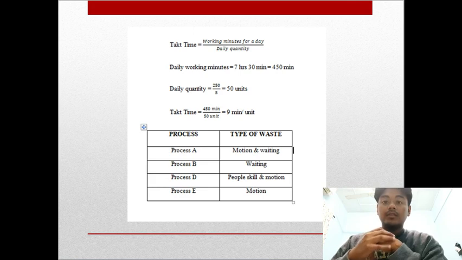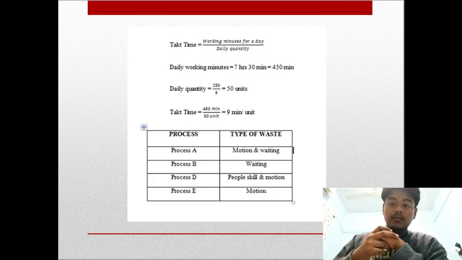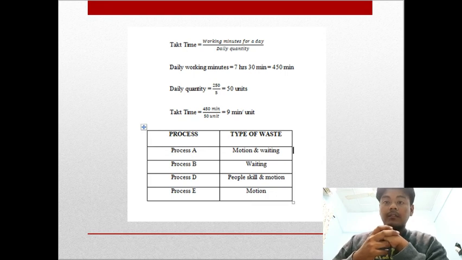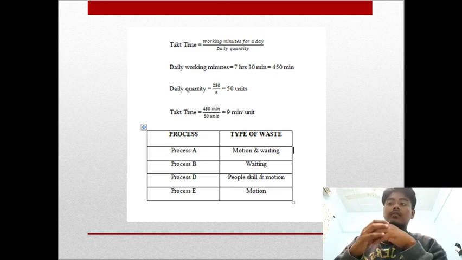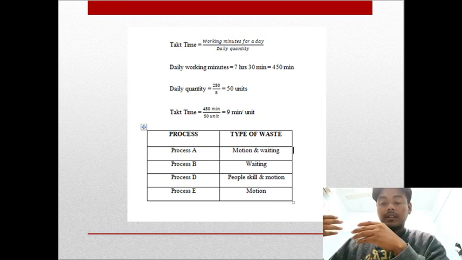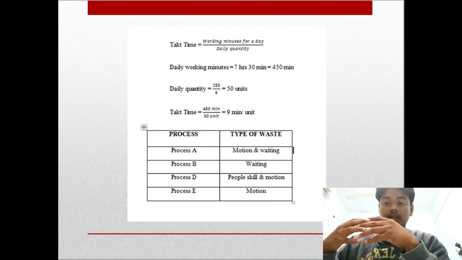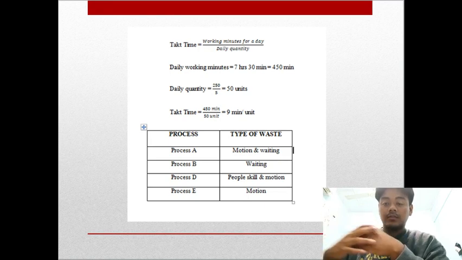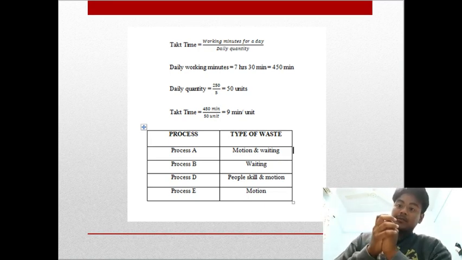And the 250 units of shirts produced for a week, we need to divide by 5 days to get 1 day of units produced, which is 50 units. Then we take the daily minutes working and divide by the daily quantity of units produced. So then we will get 9 minutes for the take time.